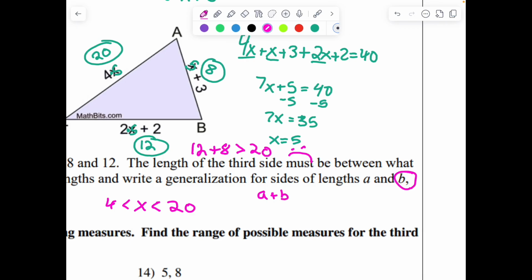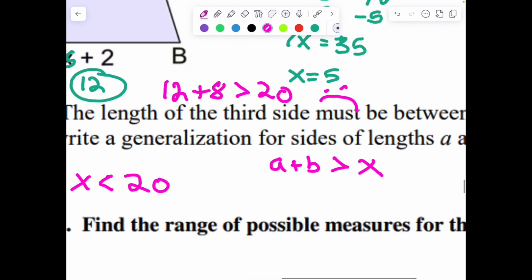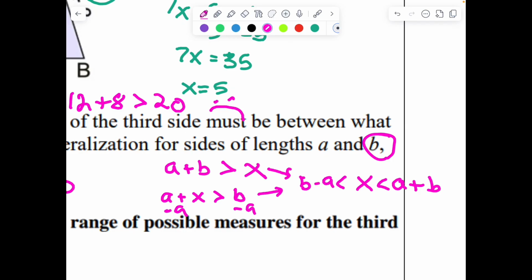Okay, so to generalize this, if A and B are the shortest, we know that x has to be less than A plus B. Or if B is the longest, then A plus x has to be greater than B. Okay, so what we can do is rewrite this into one statement over here. x has to be less than A plus B, but greater than B minus A, excuse me, because we'd subtract an A from both sides here.